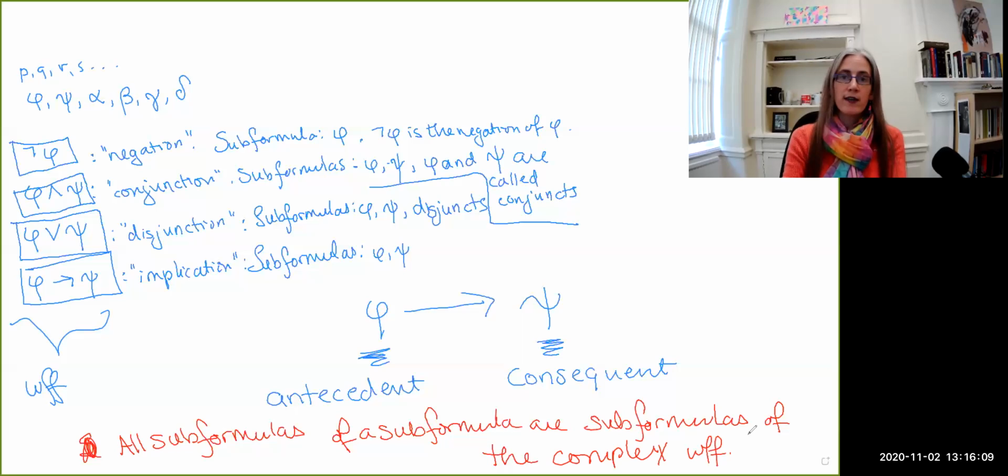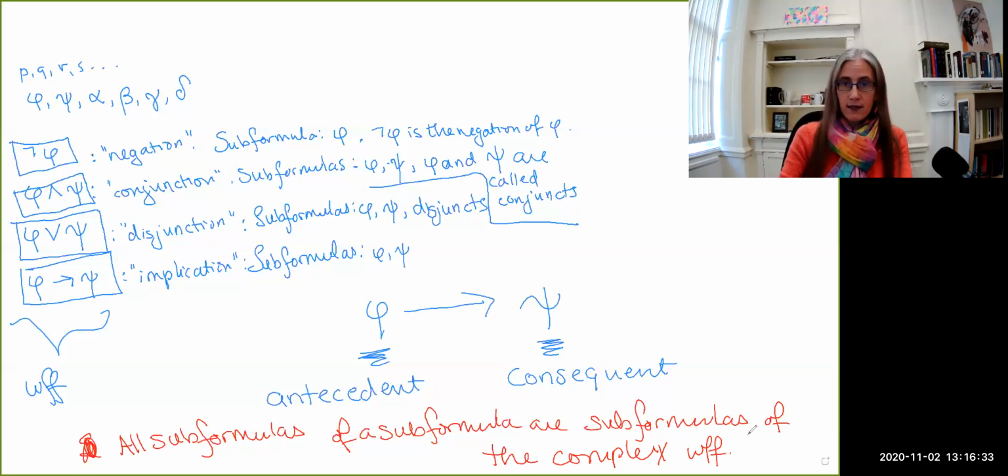Parse trees are ways of looking at formulas and breaking them down into their component parts, into their subformulas. So once you've drawn a complete parse tree, you will be able to tell exactly what the subformulas are and which parts are linked together to build the more complex formula at the root of our parse tree.